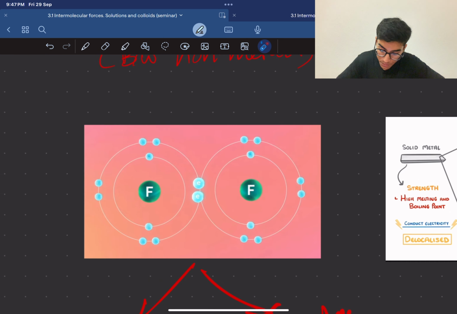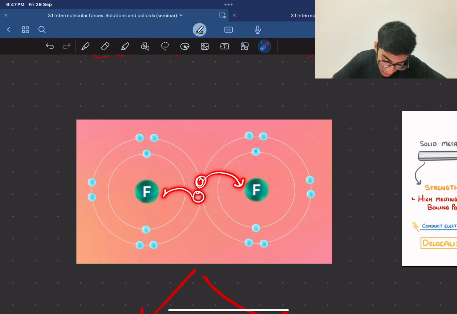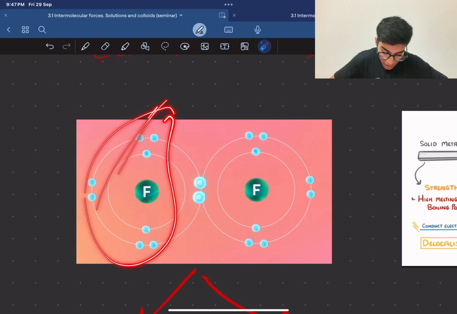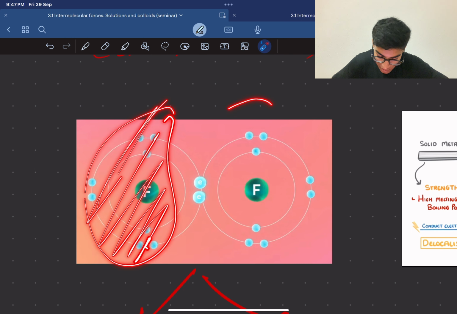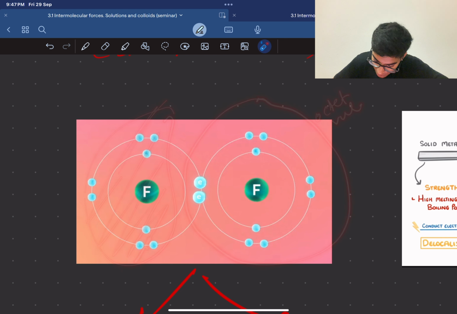So let's take this molecule, for example, F2. Over here we can see one electron belongs to one of these atoms and another electron belongs to the other. They understood that if they share these electrons, then for this shell, let's neglect this part and just look at this, we can see that the octet rule is complete.